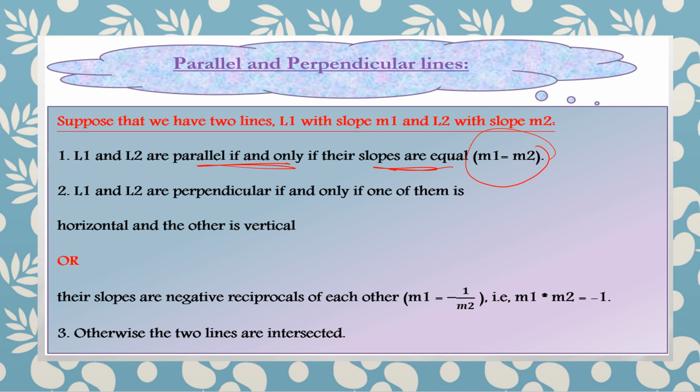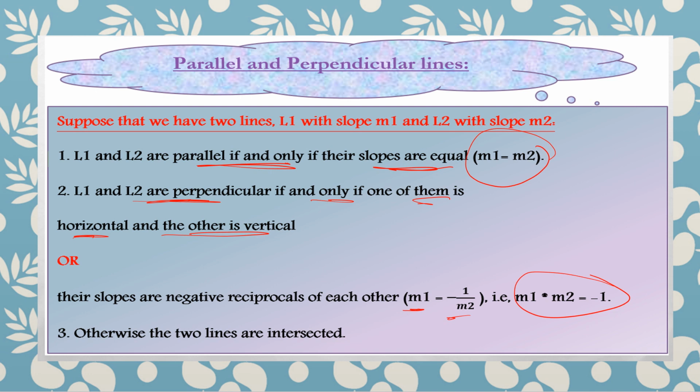When m1 equals m2, we can say that the lines are parallel, and L1 and L2 are perpendicular if and only if one of them is horizontal and the other is vertical, or their slopes are negative reciprocals of each other. m1 equals -1 over m2, and by multiplying m1 times m2 we get -1. Otherwise, the two lines intersect.